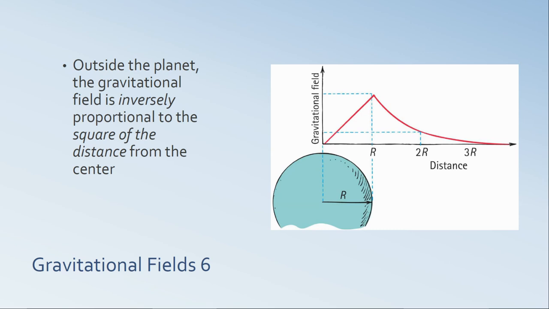So what is the strength of the gravitational field here? It's going to be 1/4. 3 radii away, so we square our distance. 3 times 3 is 9, and it's inversely proportional. So now our gravitational field here at 3 radii is going to be 1/9 of what it is at the surface.